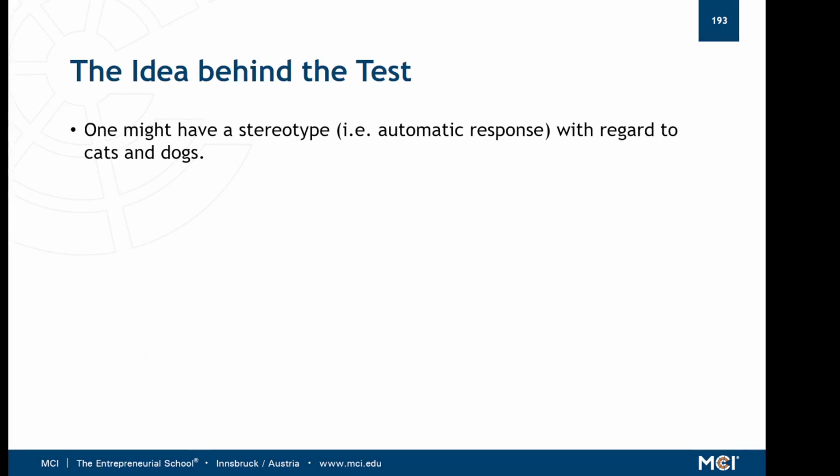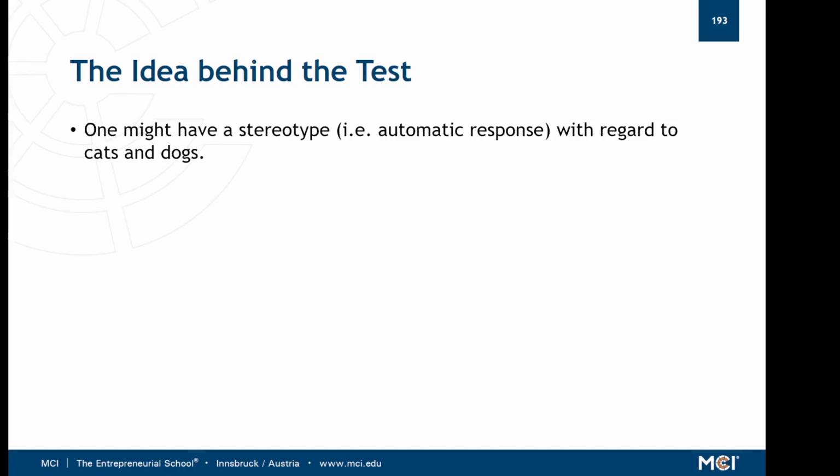As you have seen, I showed only a few pictures, but the main idea is that we can test your stereotype. It means how fast you relate cats to cuteness, or cats to ugliness, and dogs to cuteness, or dogs to ugliness. Because if you have a stereotype, then theoretically this will be a connection that will come to your mind much faster.